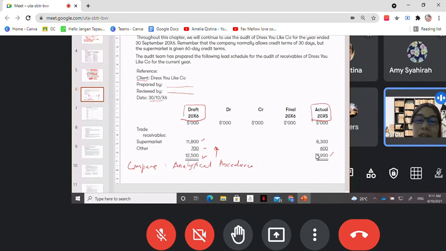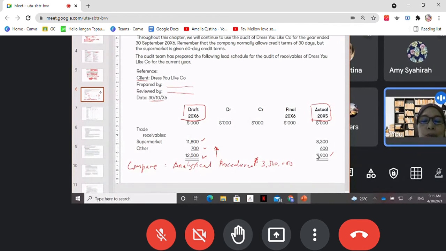Do you have a calculator? 3,500,000. Yes, 3,500,000. So this is the increase of the figure of account receivable.